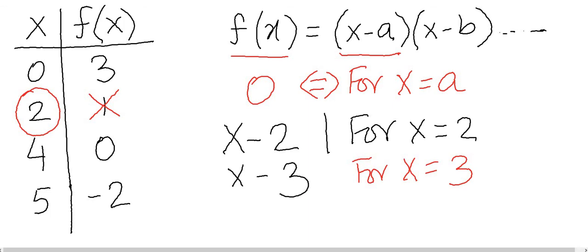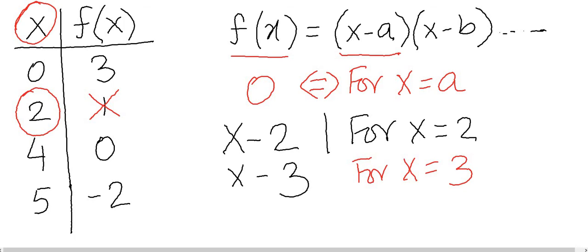But you can see that there is no x equal to 3 under the column for x. There's no value for x equal to 3. So there's no way, so 3 is also not a solution. So x minus 3 is not a factor.